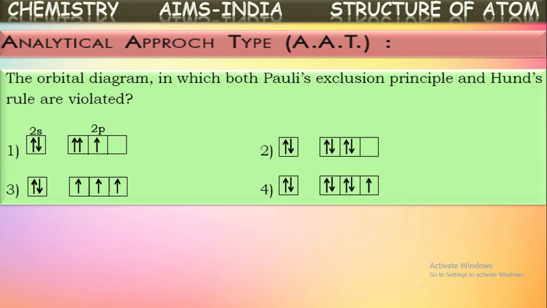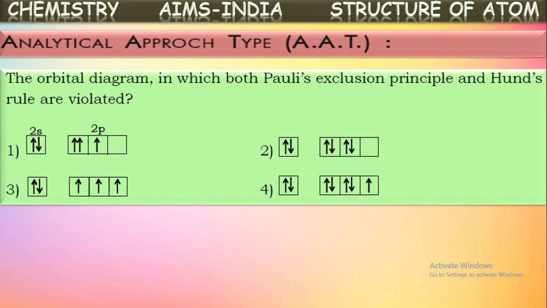Next one, Hund's rule. What does it state? Hund's rule states that pairing of electrons takes place only after filling all the degenerate orbitals with a single electron. What are degenerate orbitals? The orbitals present in a subshell are called degenerate orbitals.